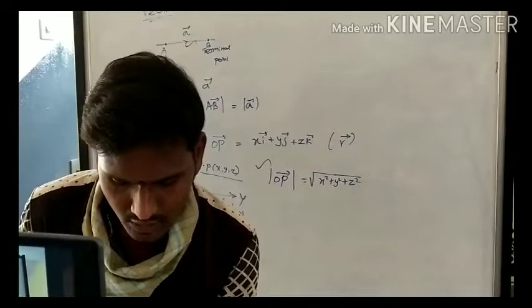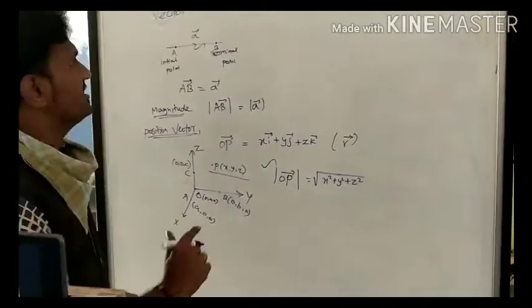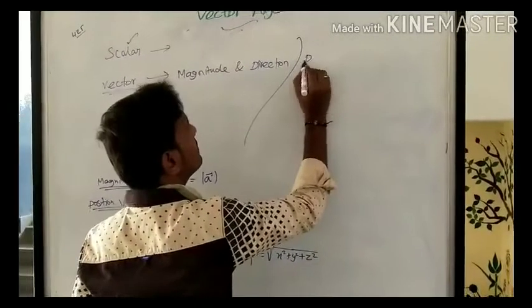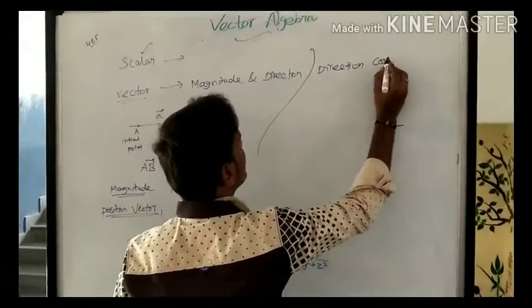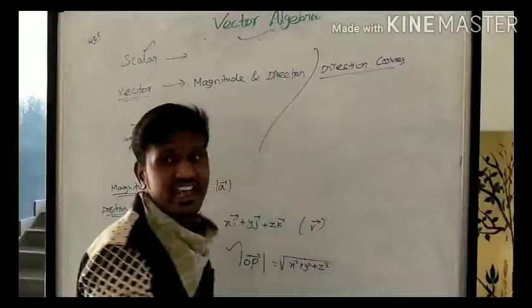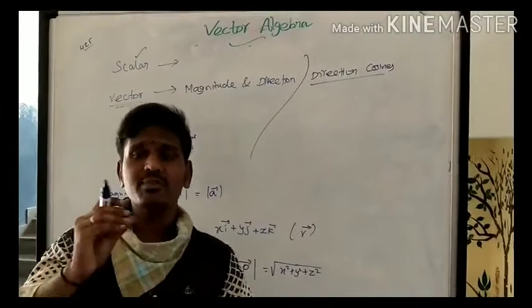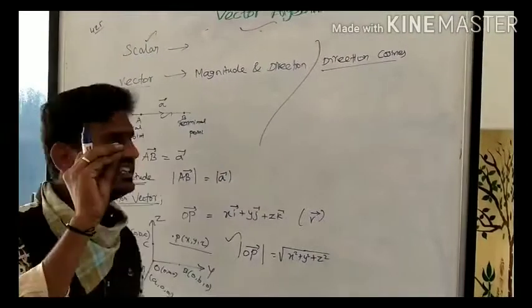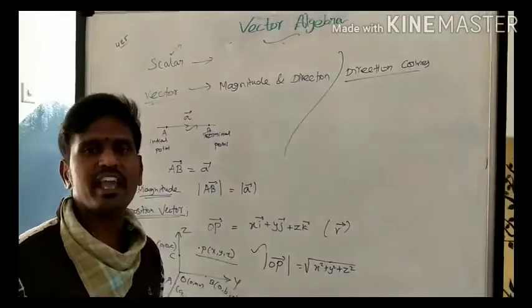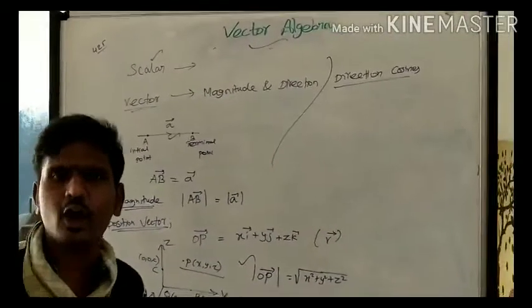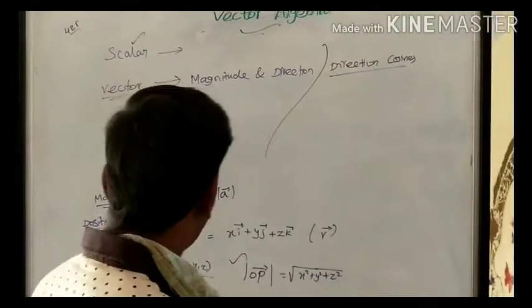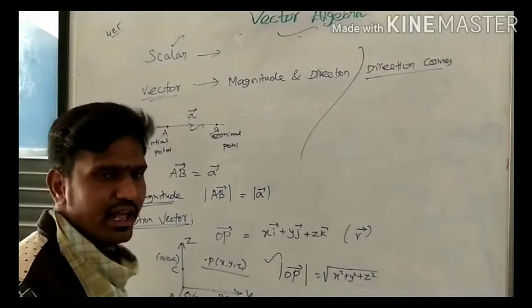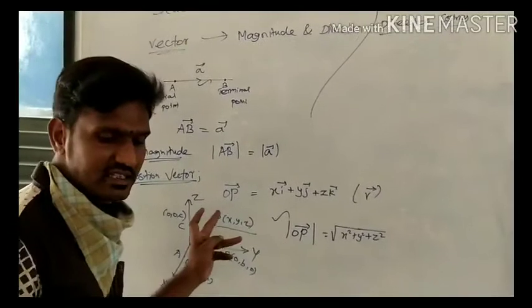Okay. Now coming to the direction cosine. Direction, you already know. We have some direction, no? So that direction we have to mention by cosine angle. You know cosine angle means cos theta. So for the cosine angle we use the same diagram, x, y, z axes.